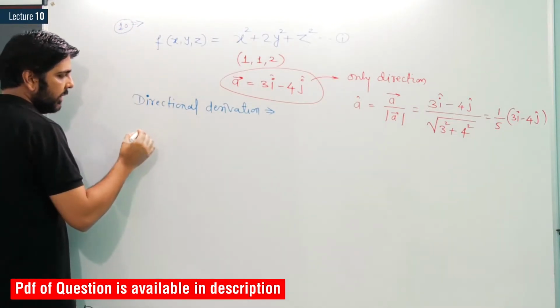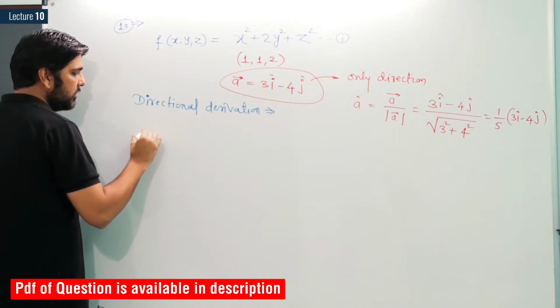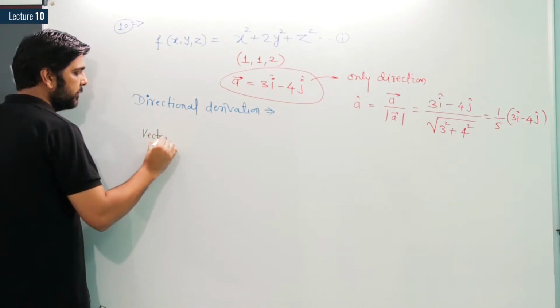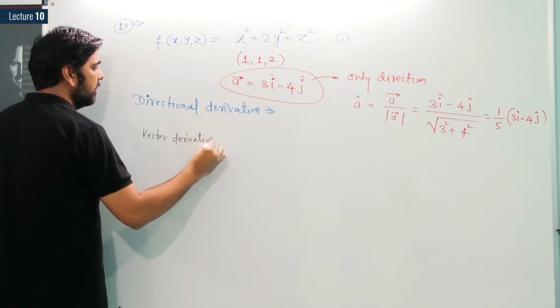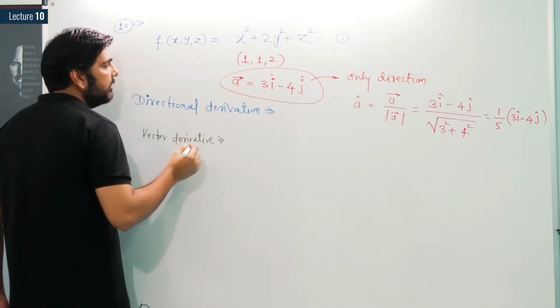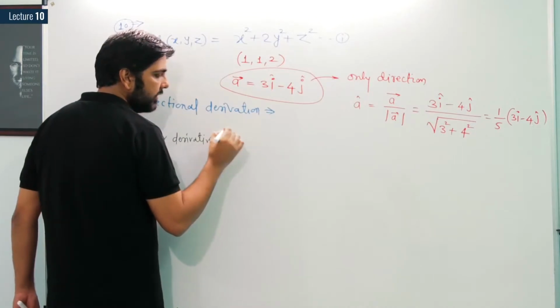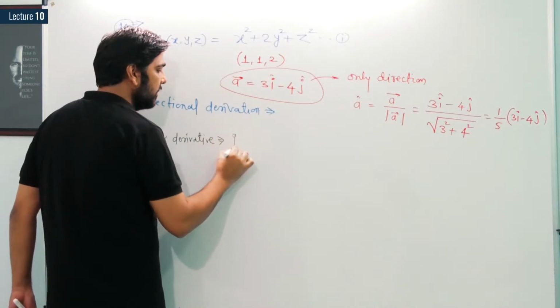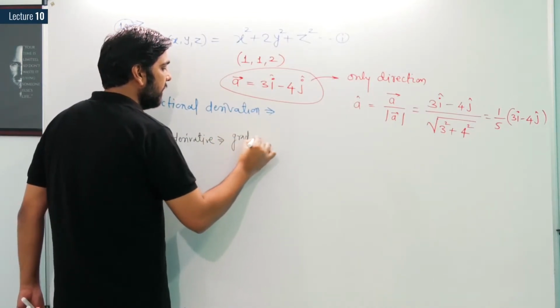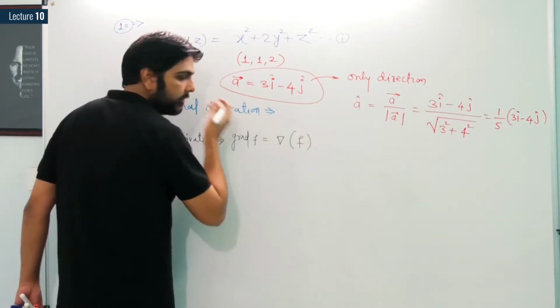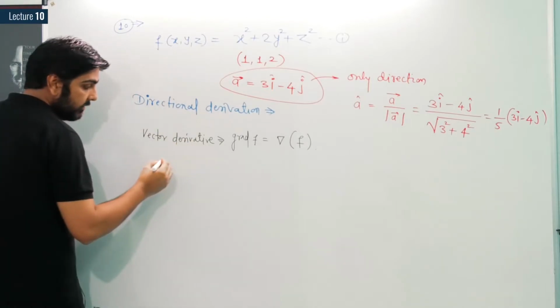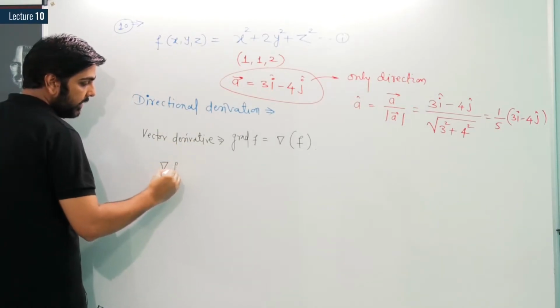So I am having the scalar point function, so I need to have the vector derivative. So what will be the vector derivative, dear students? The vector derivative is nothing but the gradient. So the gradient of f is nothing but del operator applied to this function f. Fine. Then what is the value of del operator and f?